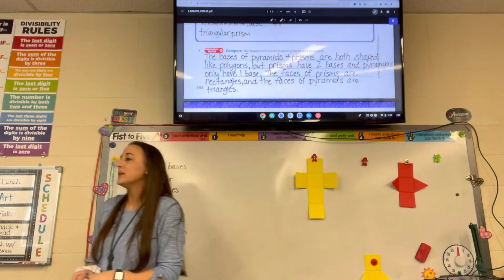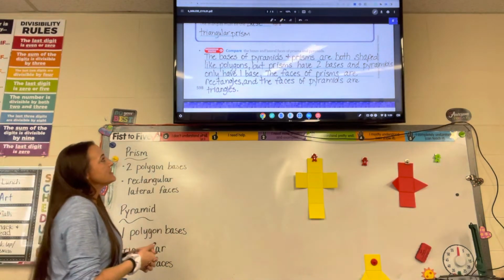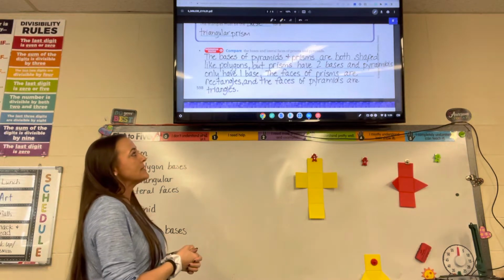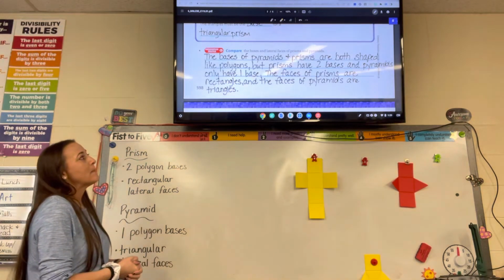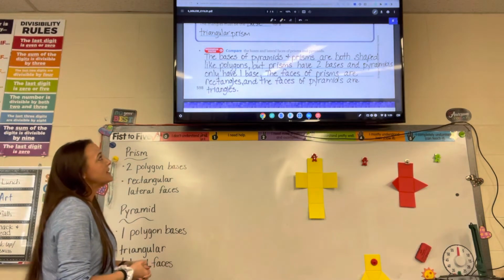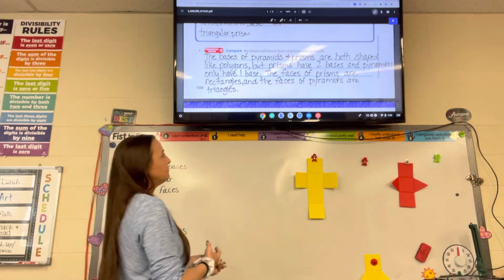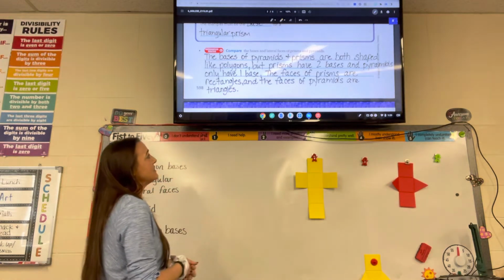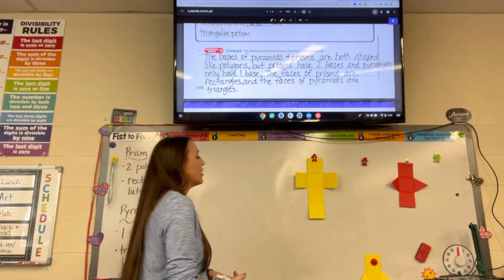This is hugely important. This sums it all up. The bases of pyramids and prisms are both shaped like polygons, but prisms have 2 bases and pyramids only have 1 base. The faces of prisms are rectangles and the faces of pyramids are triangles.